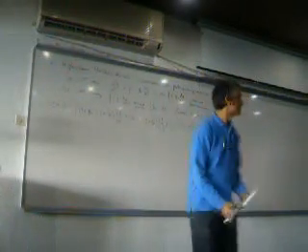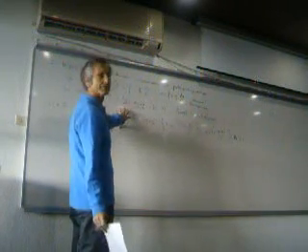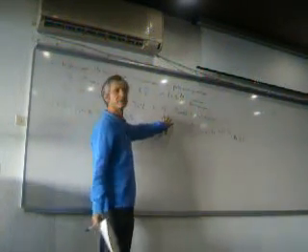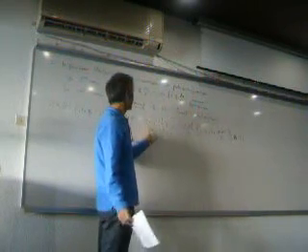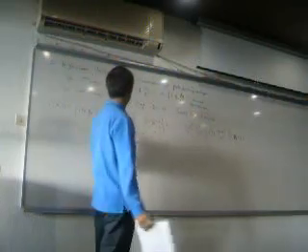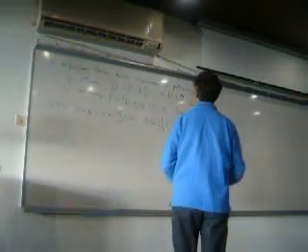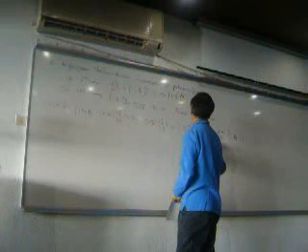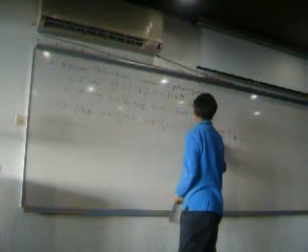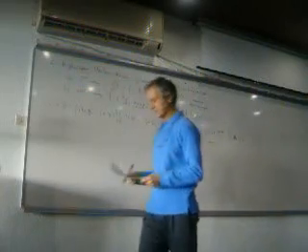This is linear, because this is a number, this is a number, and these are just linear functions, numbers times a number. So this is linearization.